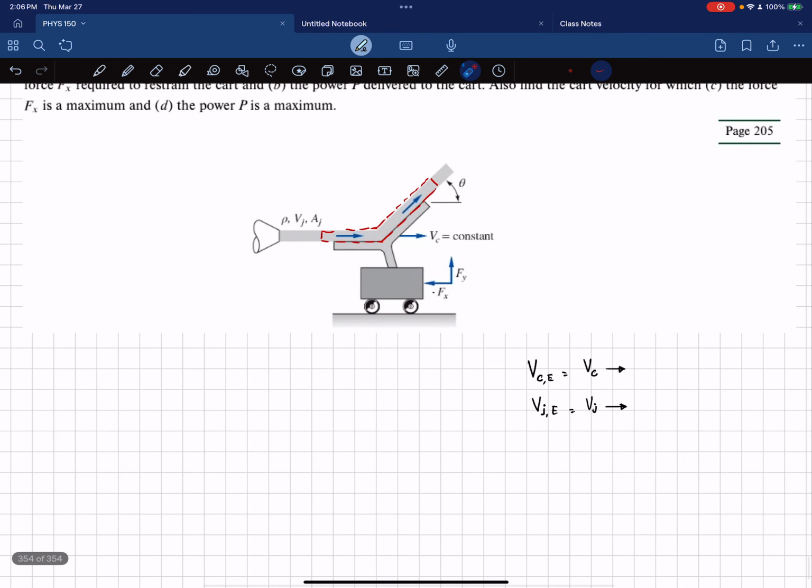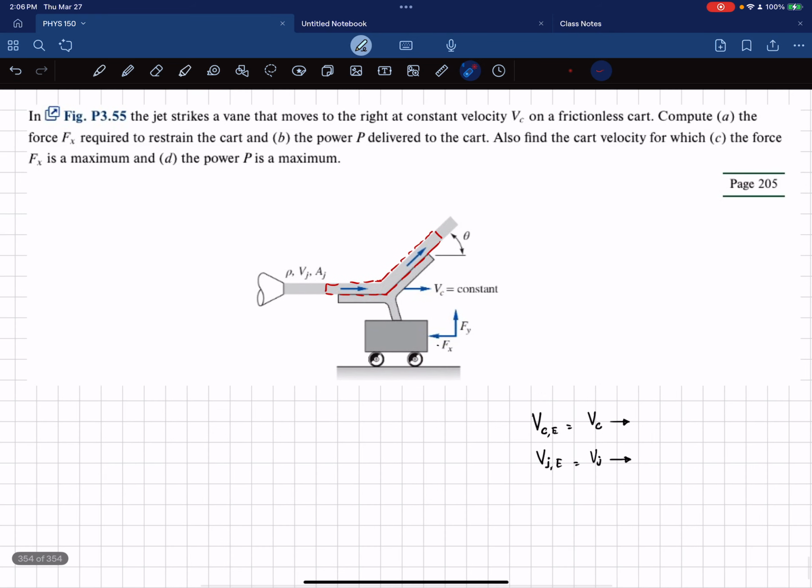So we can apply the linear momentum equation, but we want to find the exit velocity. So we take the exit velocity V2. Now this velocity is with respect to the cart.